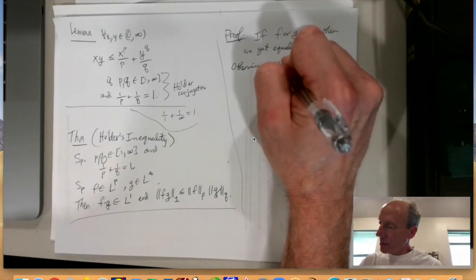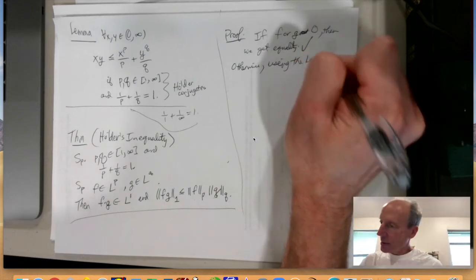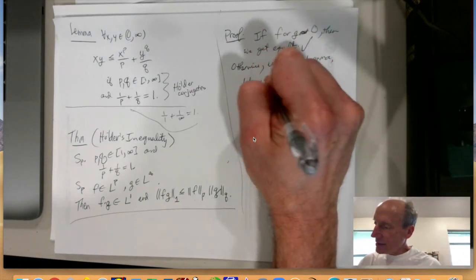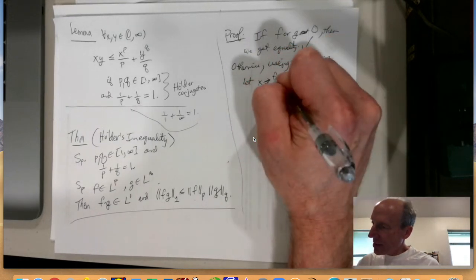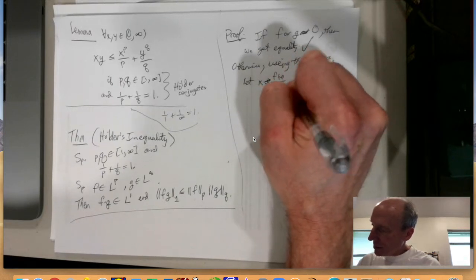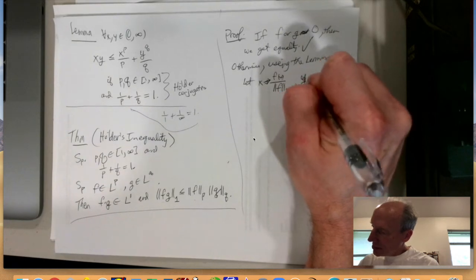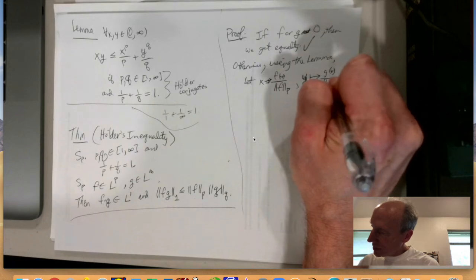All right. Otherwise, using the lemma, let x be changed to f(x) over the p norm of f, and then y changed to g(x) over the q norm of g.